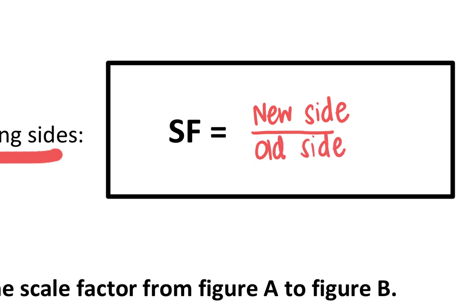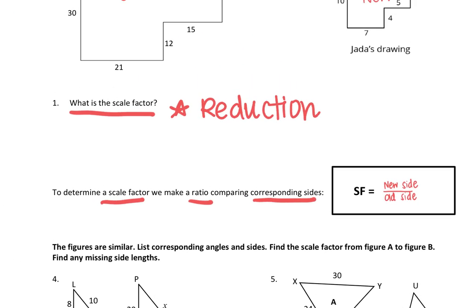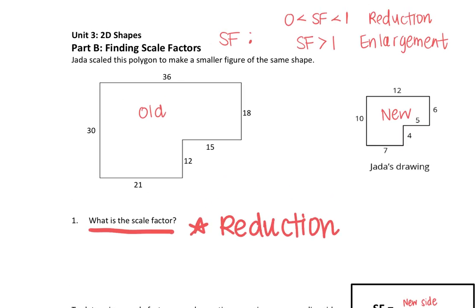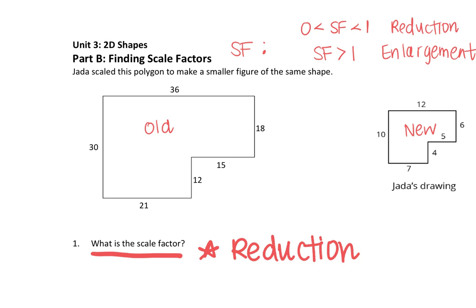New over old. So let's look and compare. I'm going to just pick a side. It doesn't matter which one you pick. Just pick one. So I'm going to do the top one.